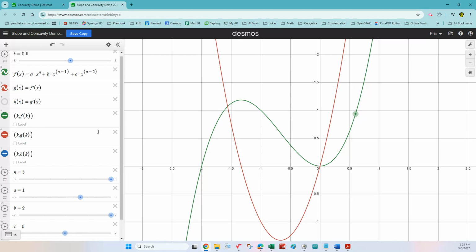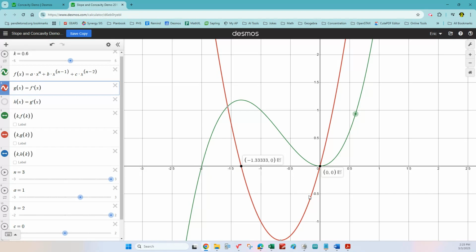But more importantly, you can see that the zeros of the first derivative have to correspond to the horizontal tangents of the function, right? In any place where the green function is increasing, those are going to be the places where the red derivative is positive valued. Right? It's going to be above the x-axis. The places where the ant is walking downhill, where the function is decreasing, would be where the derivative is negative valued. Okay, give me thumbs on that.